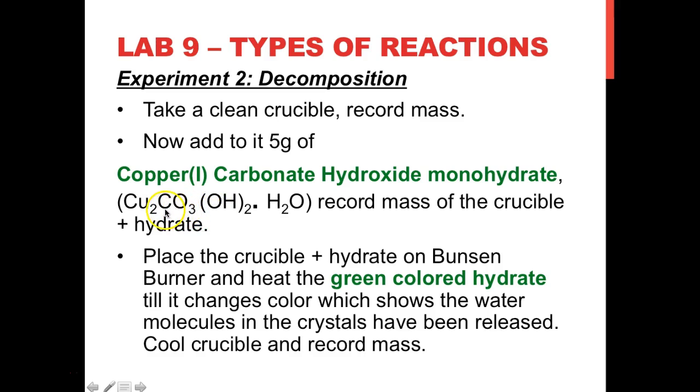So what will be left behind is the 2 coppers and 2 oxygen atoms, one from here and another one from here. All right, and that's copper 2 oxide, which is black in color. So the anhydrate is without water and without carbon dioxide, and it's black in color. So from green you go to a black colored substance when you heat this hydrate.